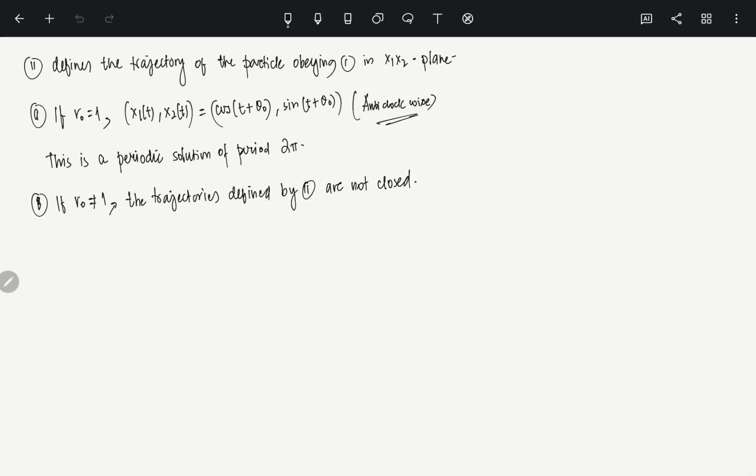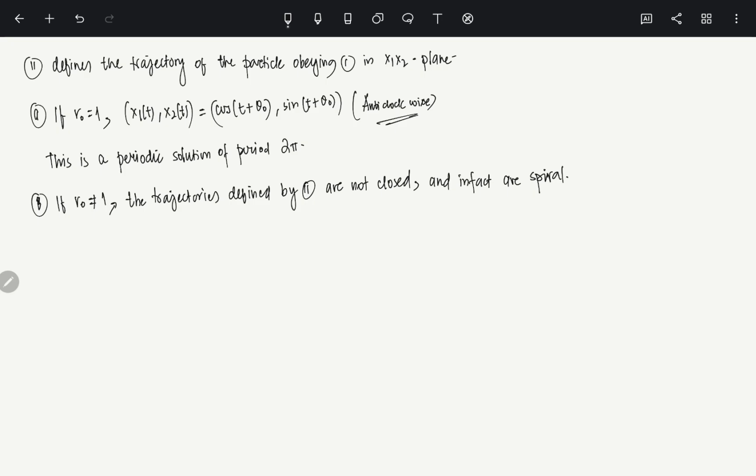So they are not closed, and in fact are spirals. I hope it is clear to you what I meant by this. So depending on the initial data, either the solution becomes a periodic solution of certain period, in this case 2 pi, or it is actually not closed and it becomes a spiral.